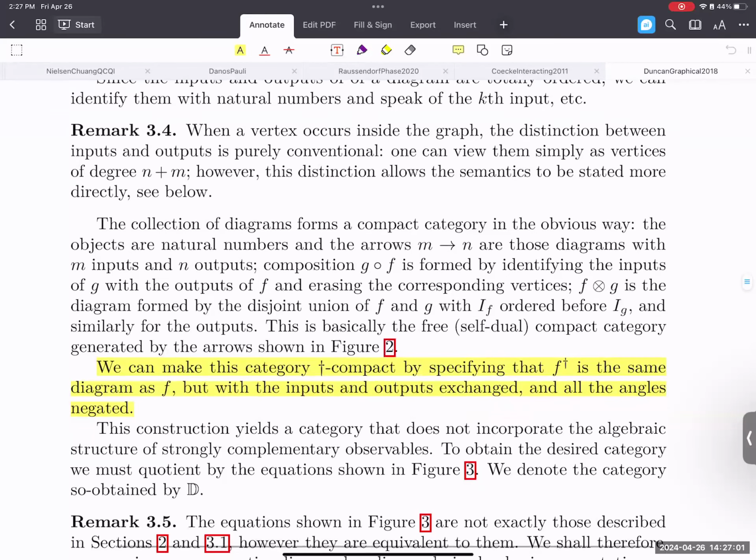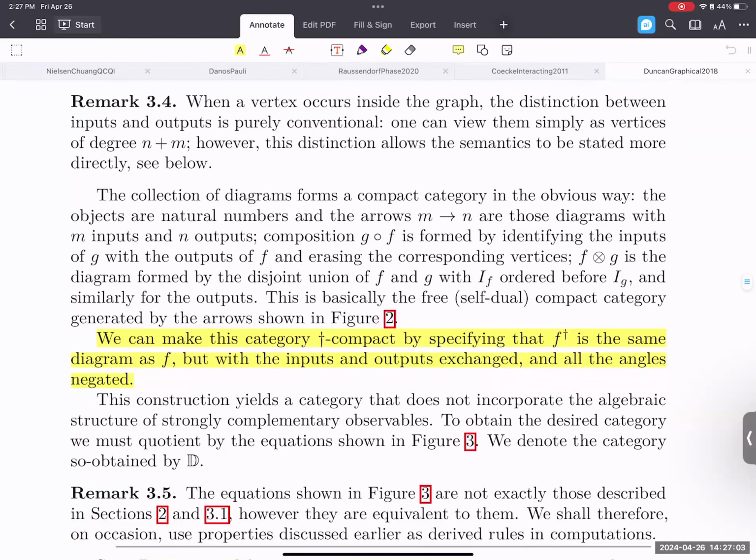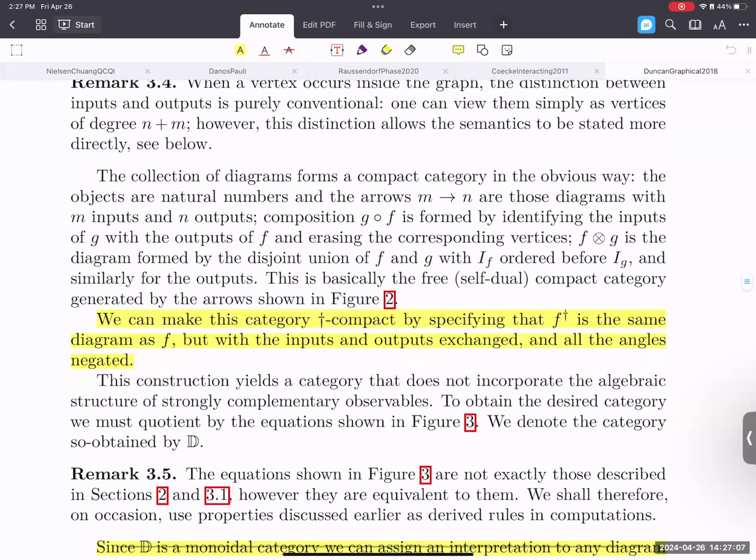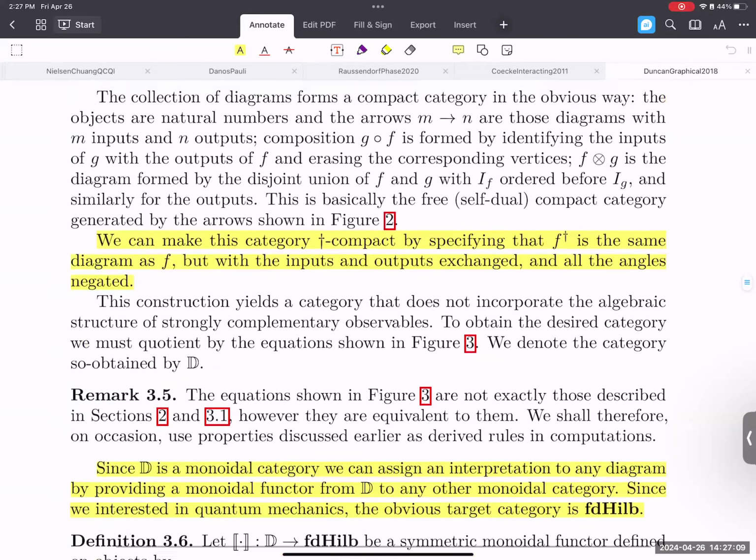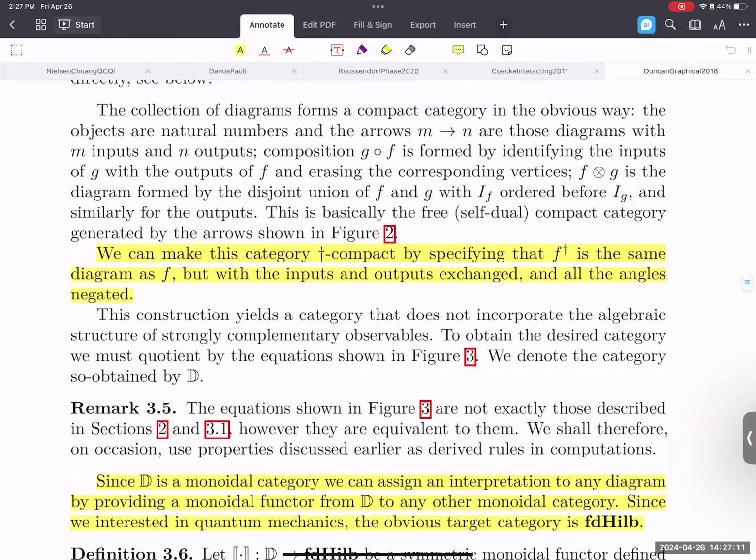If I remember correctly, Coecke and Duncan give a fairly strict definition of what they mean by a diagram, which is something like an isotopy class of graphs in the plane that allow crossings, and so those are your morphisms.